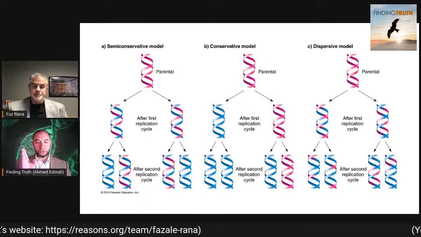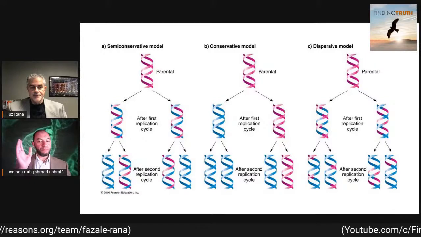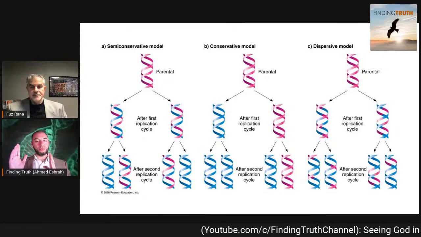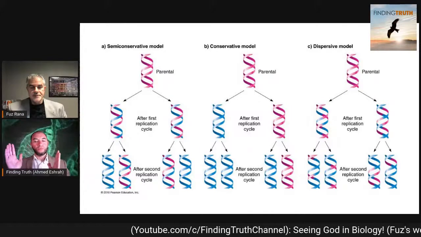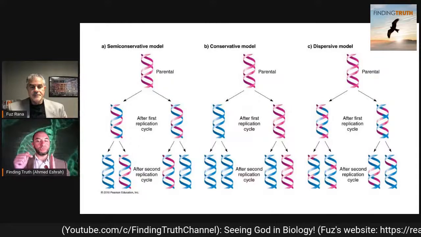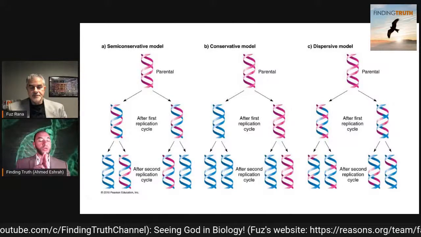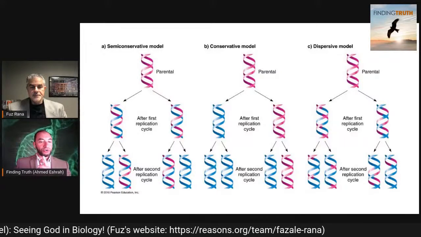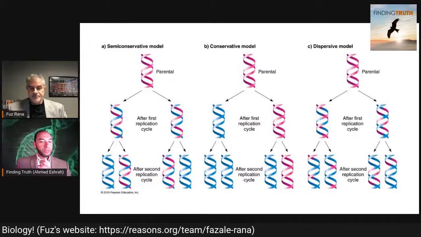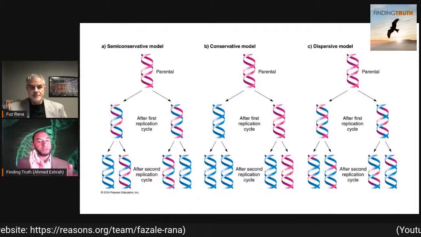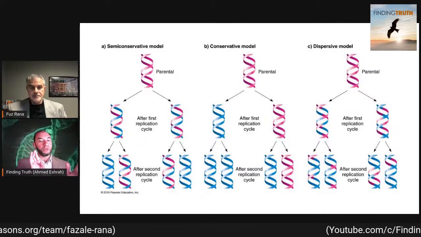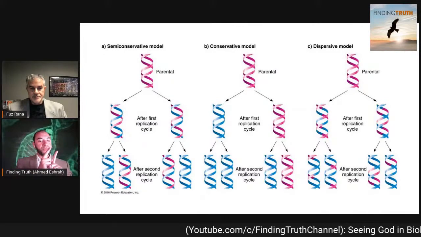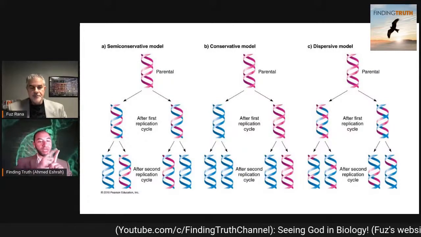The one in the middle, the conservative model, my first impression is that after the first replication cycle, the blue one and the pink one, for example, if an error happens during replicating the two blue ones, then both are copies and you wouldn't know which strand is the correct one and which is not. But if it's the semi-conservative one, each daughter has an original and a copy.